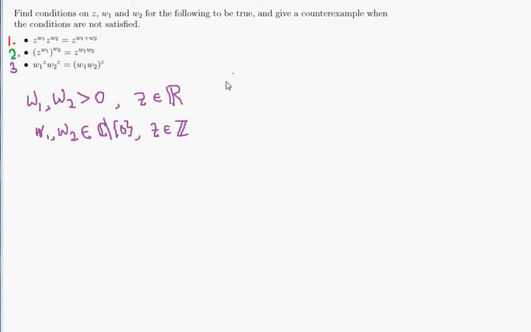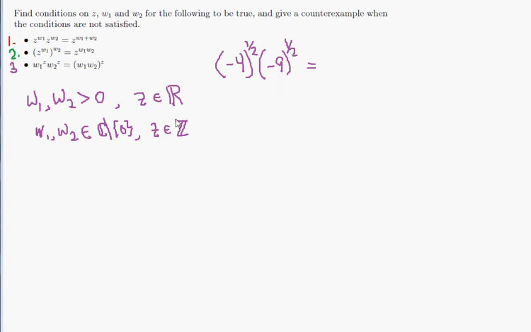The canonical example where this fails is if I have something like negative 4 to the 1/2 times negative 9 to the 1/2. So note that this does not fall in either of the two cases. w1 and w2 are both negative, so we can't do that. And also, the w1 and w2 are certainly not 0, but the exponents z are real, not integers.